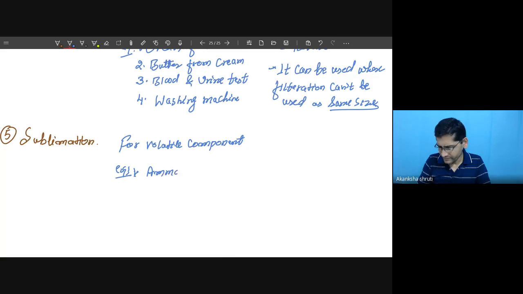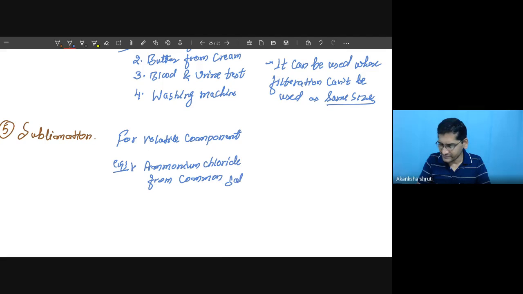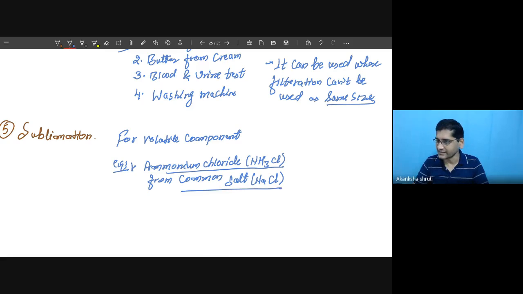Ammonium chloride from common salt. Common salt is our NaCl. This is NH4Cl, but the common salt that we are using is NaCl. Both are salts, but this one vaporizes while this will remain as it is. So this is the volatile component.